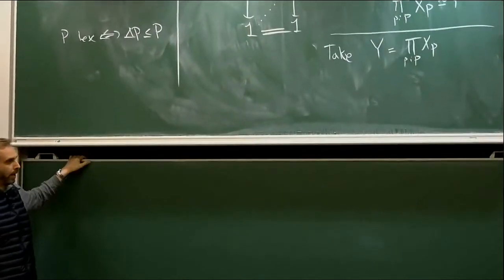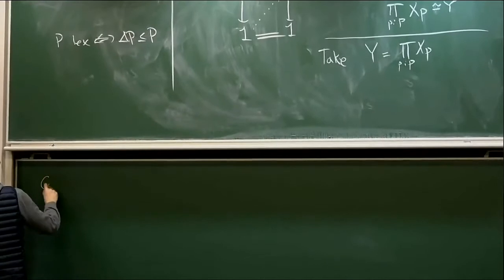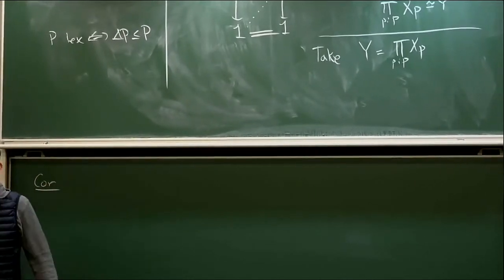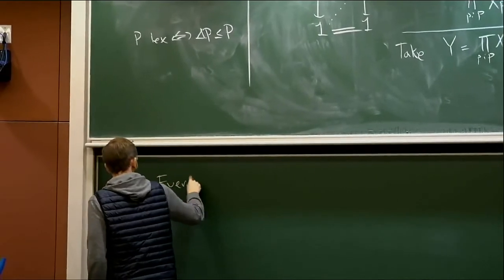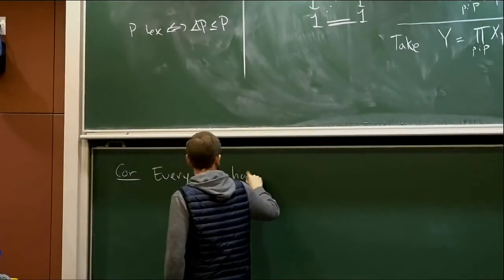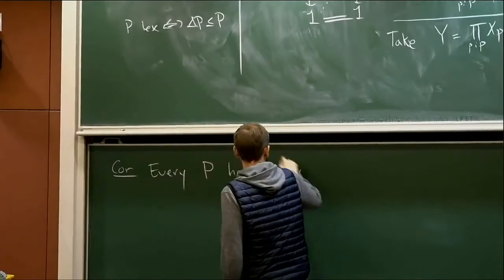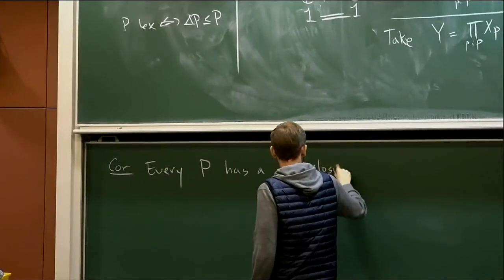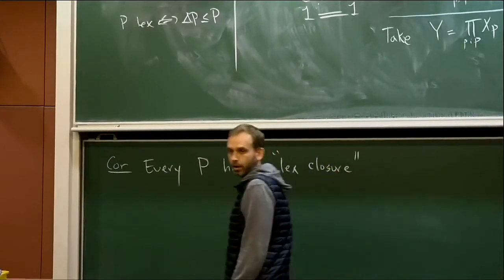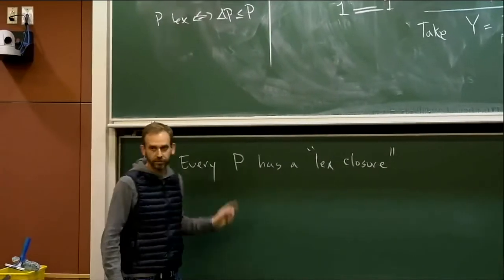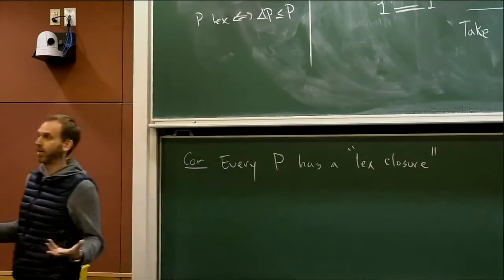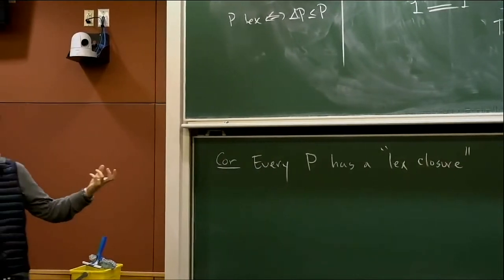A nice corollary of this fact is that every family has a Lex closure. Because P you think of as giving you the family of types that you're trying to force to be contractible.